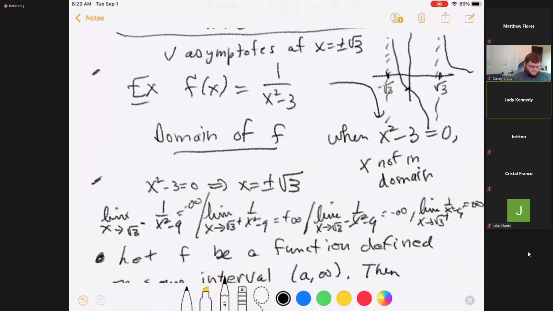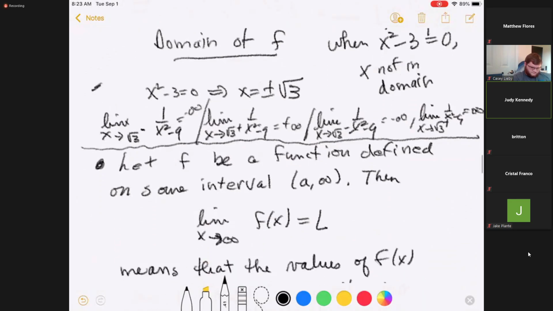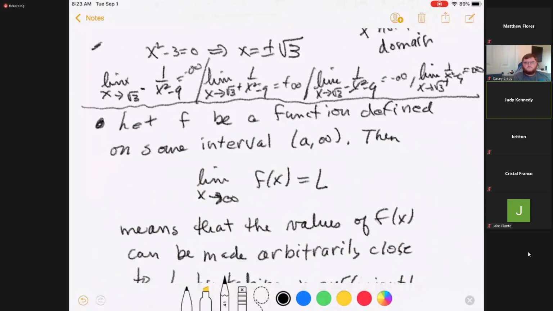Okay, so vertical asymptotes can happen, and we also have horizontal asymptotes. Vertical asymptotes happen when you get a limit of infinity. The limit is infinity, which is not a number. It's either infinity or minus infinity, so a large absolute value. What about taking the limit as x goes to infinity of f of x?